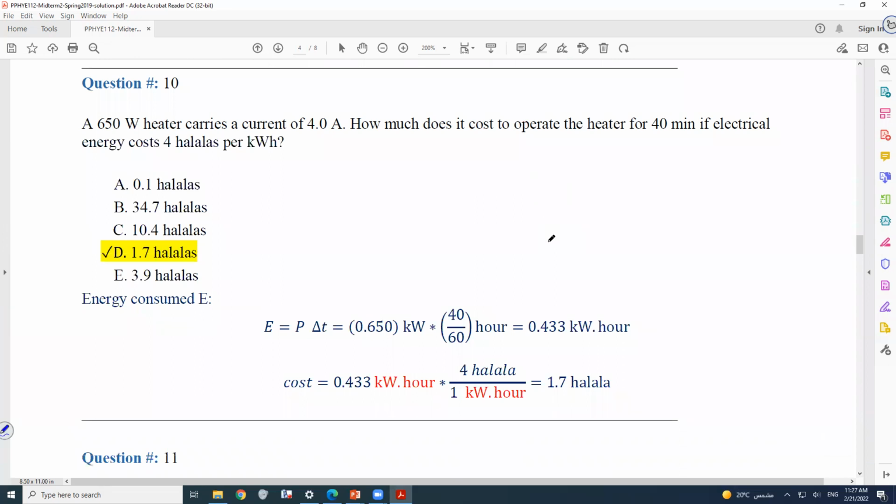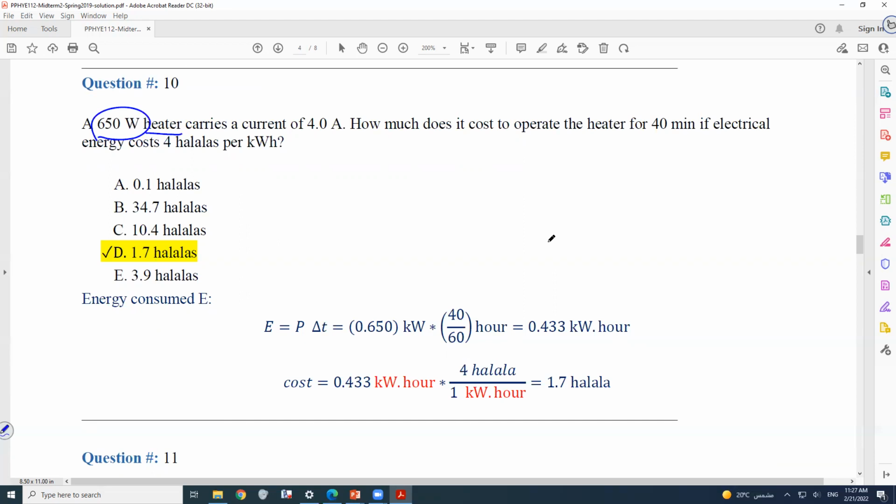Okay, finally, this is the last question in chapter 17 in this particular midterm exam. The other questions are on chapter 20. Okay, this is again about power, but added something to the cost. So he is telling there's a certain heater which has a power rating of 650 watt. That means when it's connected to the correct, specified voltage, it will draw an energy of 650 joule every second.